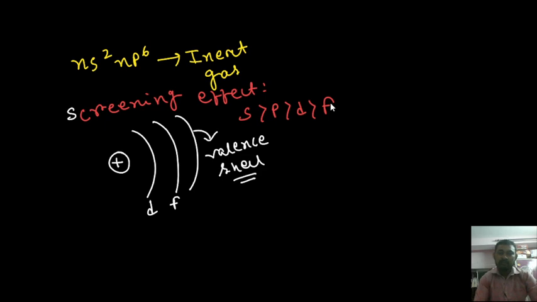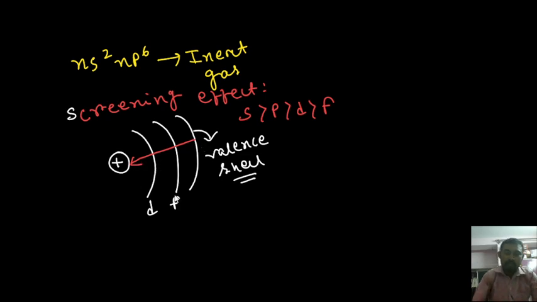So as the d and f electrons have low shielding or screening effect, the positive charge of the cation's nucleus will attract the valence electrons more, because the screening is less. That's why the size decreases more with respect to the alkali metal.